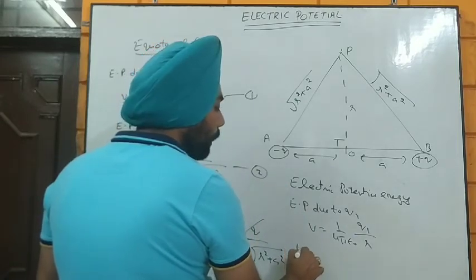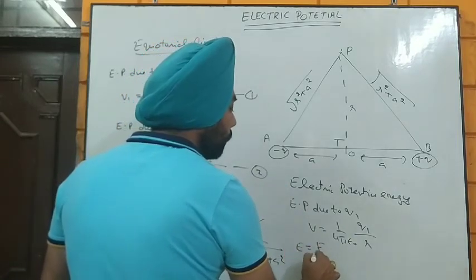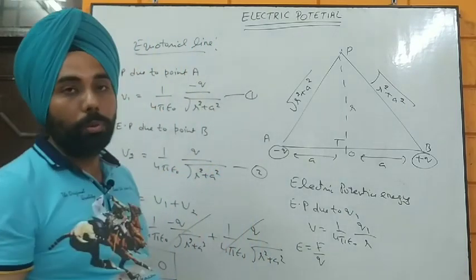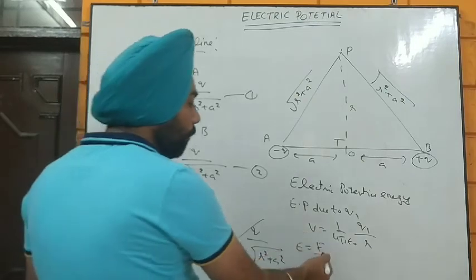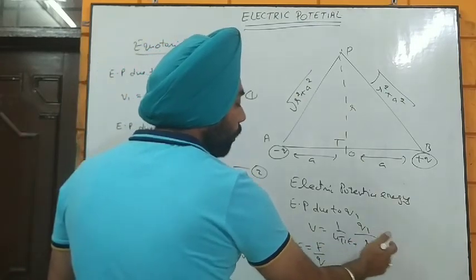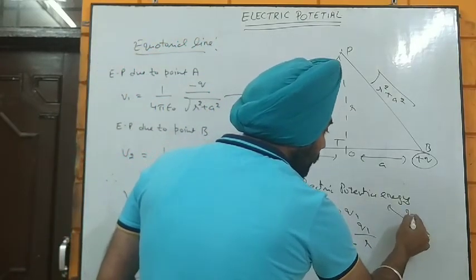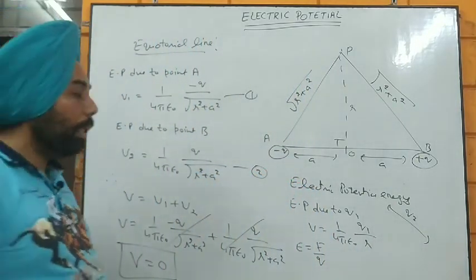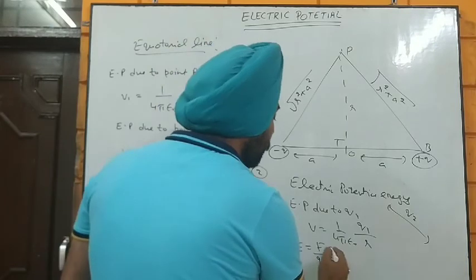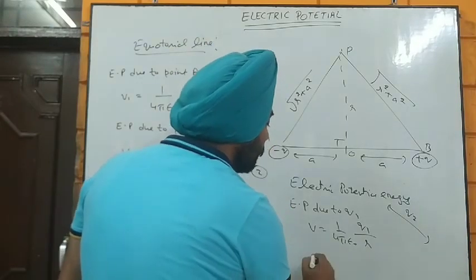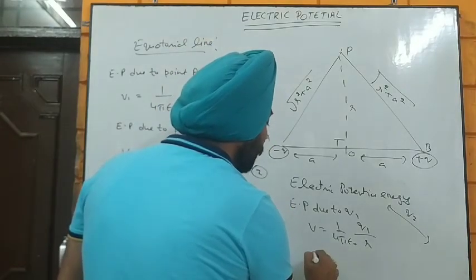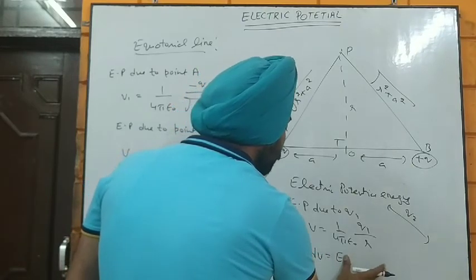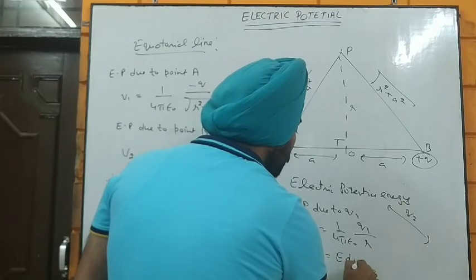Now you all know what electric field is, that is force upon charge. So if you want to calculate the value for that, then you have to go for the next charge Q2. Or you can go through the potential gradient. So the potential gradient is always going to be dV equal to E into dr.